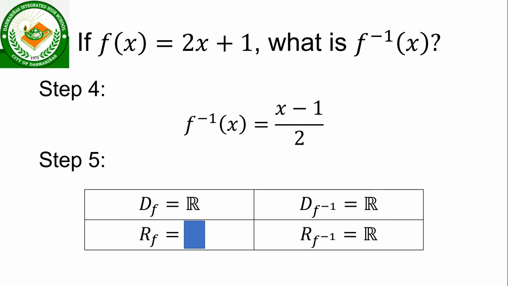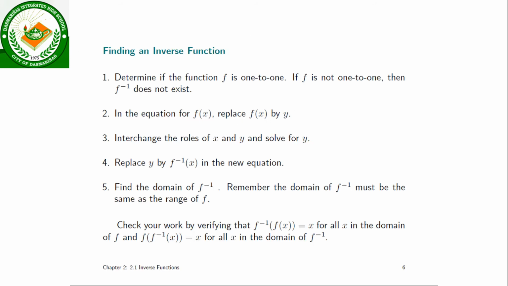The reason is because the range of the function is the set of all real numbers. If we are to recall, the range of the function is the domain of the inverse based on the property that I have presented a while ago. So, these are the steps in finding the inverse function.